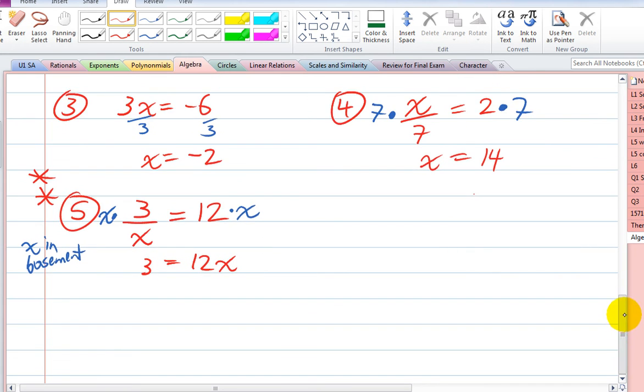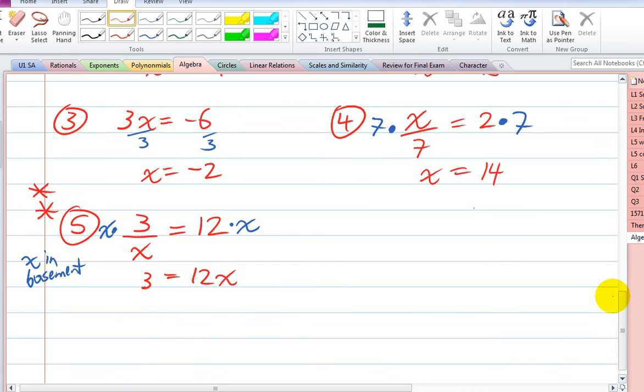That's the first step. Now which question does it look a lot like? This one right here, above it, right? It's reversed, doesn't matter. So instead of 12 times x, what do we do? Divide by 12. And so we get x equals 3 divided by 12.